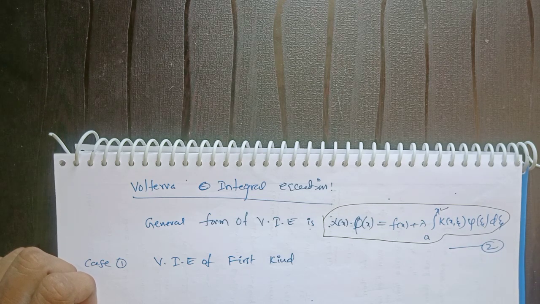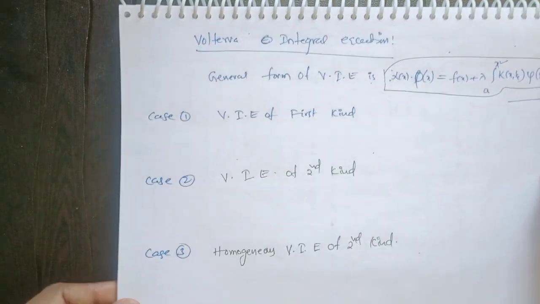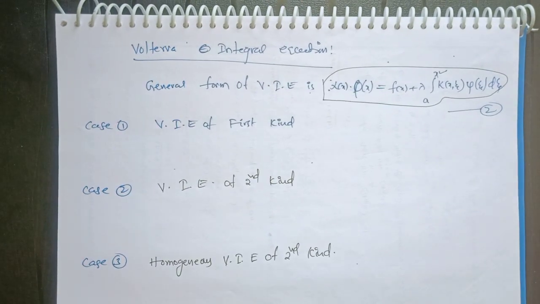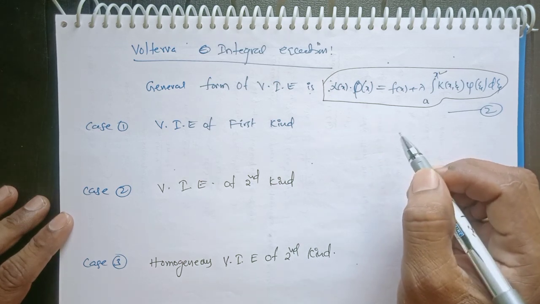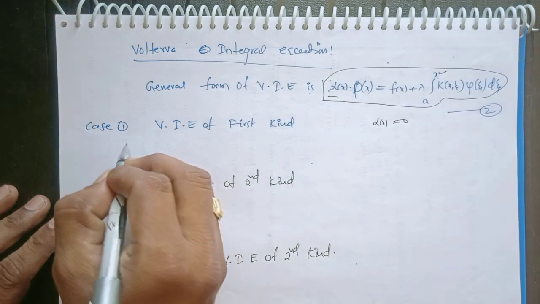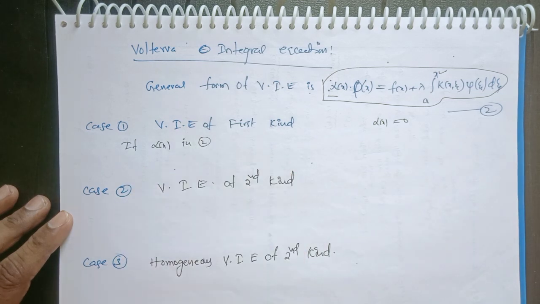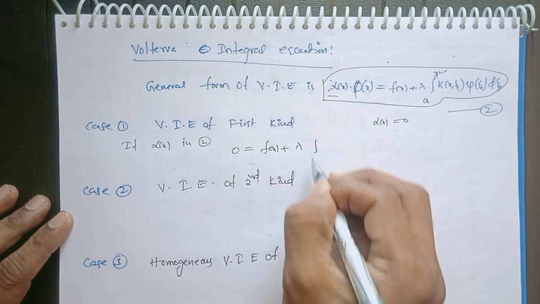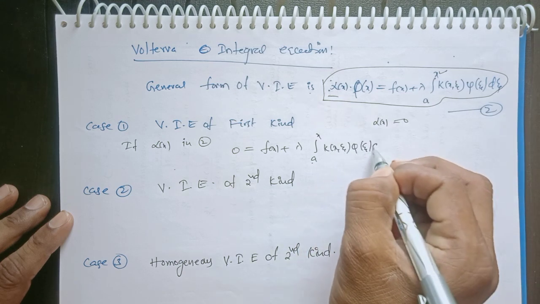Now I am going to define the Volterra integral equation of the first kind, the second kind, and the homogeneous Volterra integral equation. In this integral equation, if alpha x is equal to 0 in equation 2, this becomes 0 is equal to f of x plus lambda times the integral from a to x of k of x, xi phi of xi d xi.